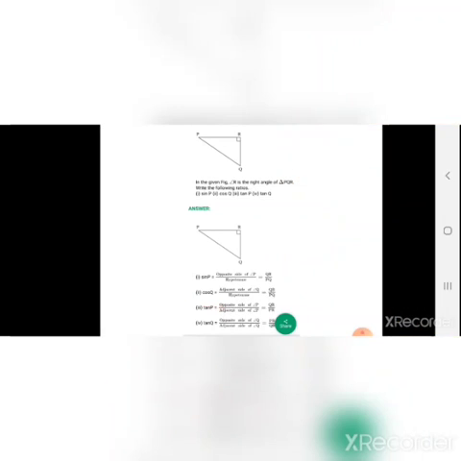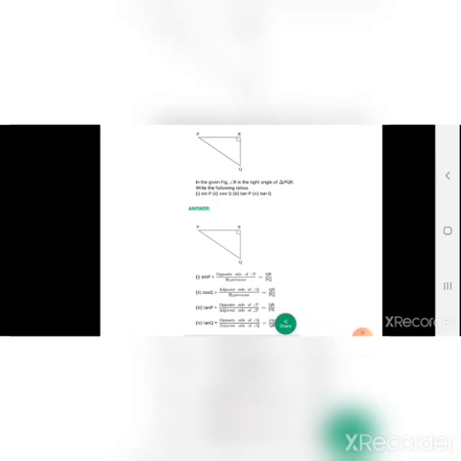Next ratio you have to write is tan P. Again P set, what we have done for sine ratio we can use. Tan definition is opposite side of angle P upon adjacent side of angle P, that is equal to QR upon PR.